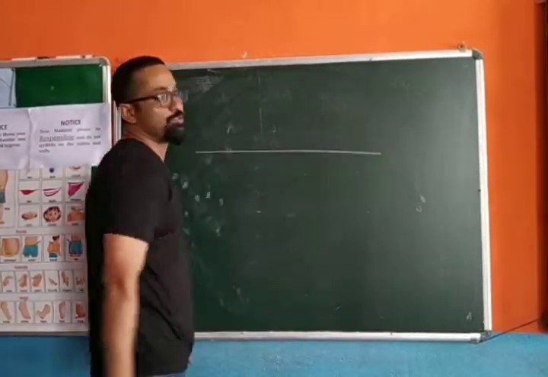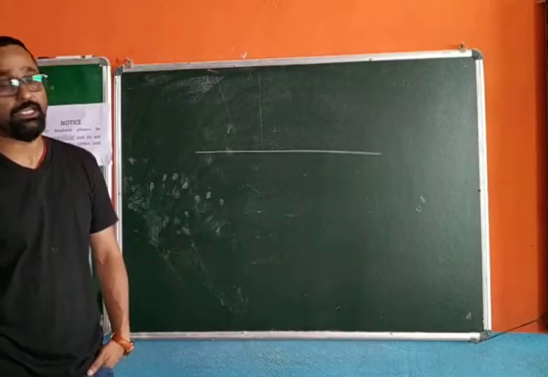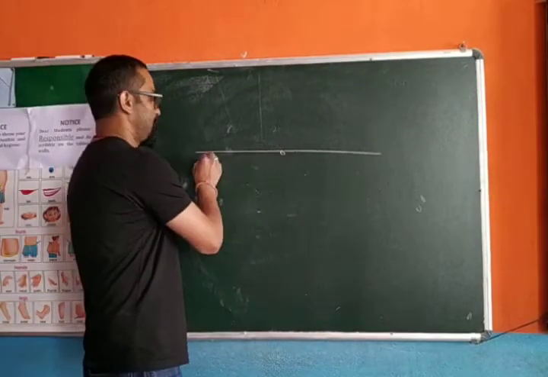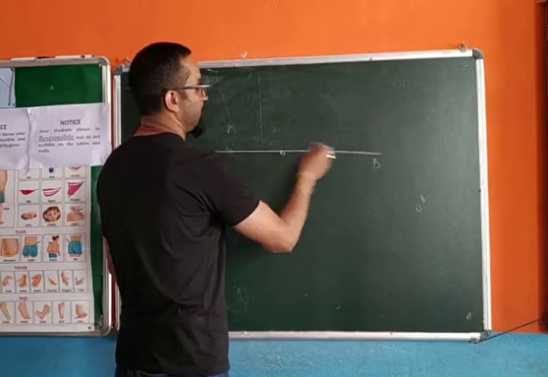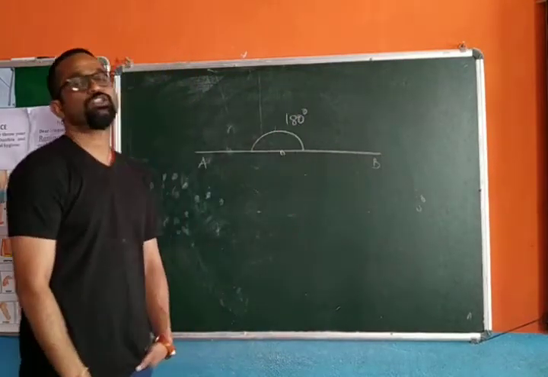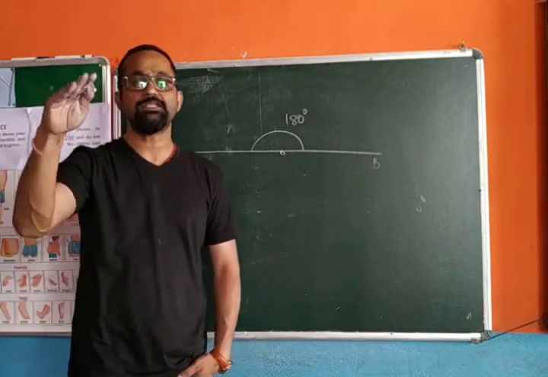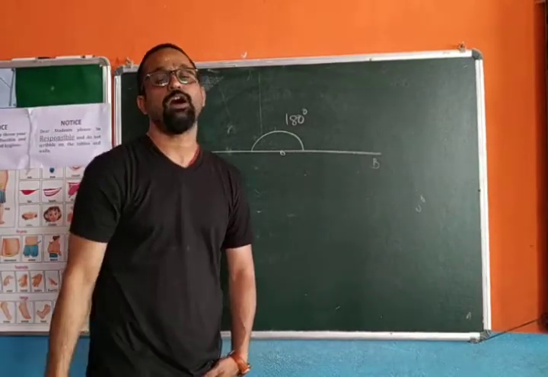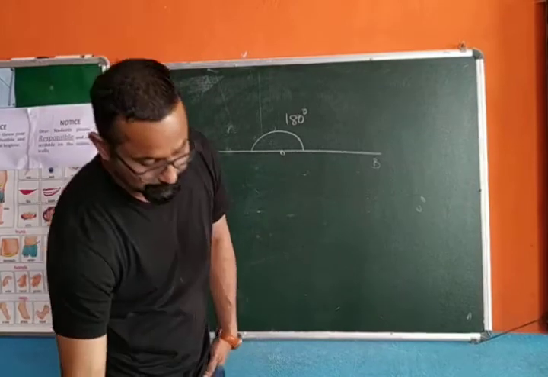An angle whose measure is 180 degree is called a straight angle. A line segment has angle of 180 degree.